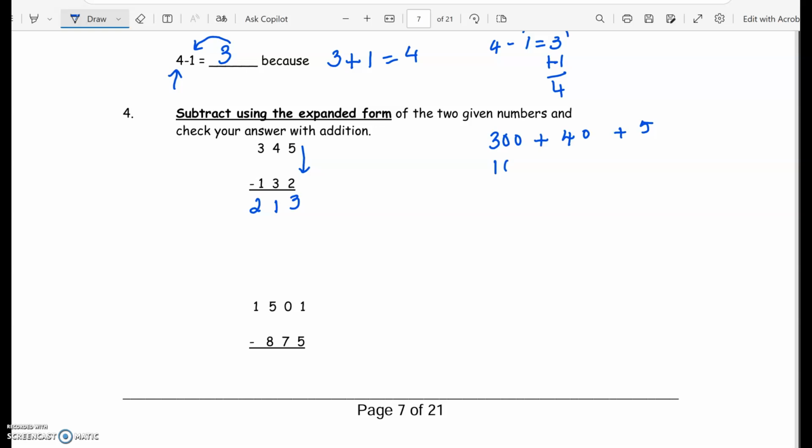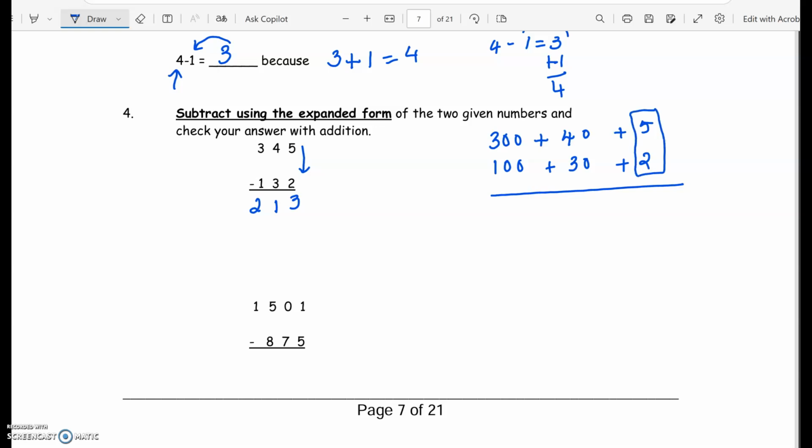1 in the next number is in the hundreds place, so it's a 100. 3 is in the tens place, so it's a 30. 2 is in the ones place, so it's a 2. Now we're going to subtract 5, and then you're subtracting a 2.